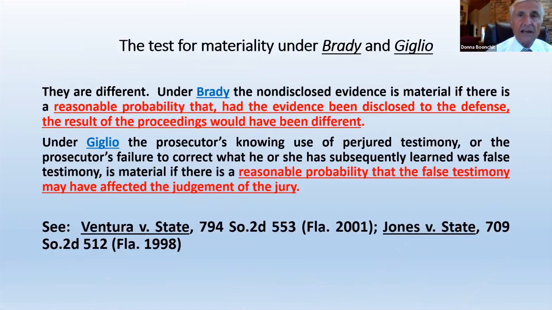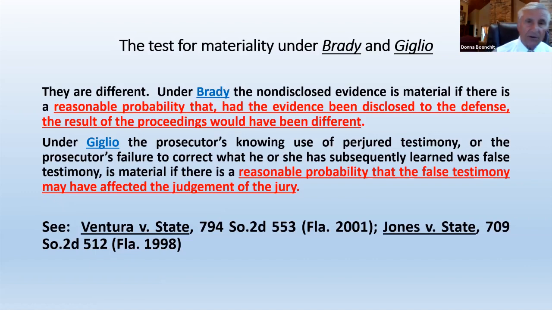The test for materiality under Brady and Giglio, I kind of hinted at this before, they are different. Under Brady, the non-disclosed evidence is material if there is a reasonable probability that had the evidence been disclosed to the defense, the result of the proceedings would have been different. Okay? Whether it's sentencing, a lesser included offense, or what, would have been different.